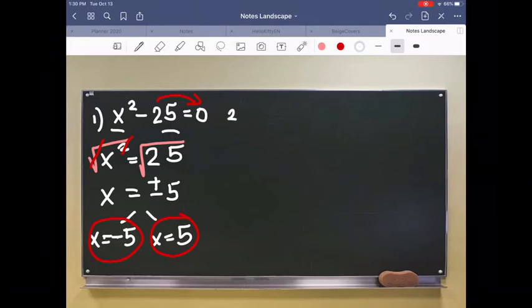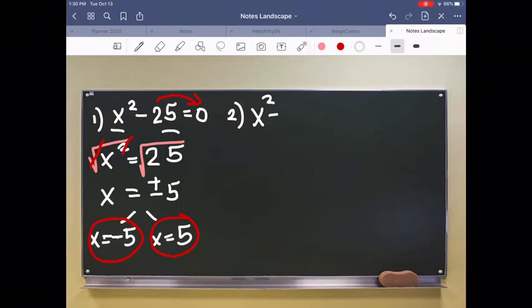Now let's move on to the next example. What if you have x squared minus 49? What is the first step we are going to do? Following example number 1, there is no coefficient in the middle, so it's just x squared minus 49. We transpose the 49 to the other side.